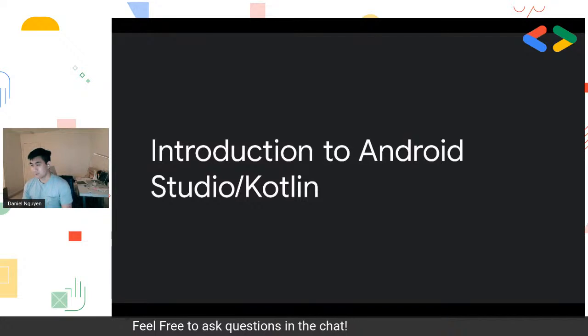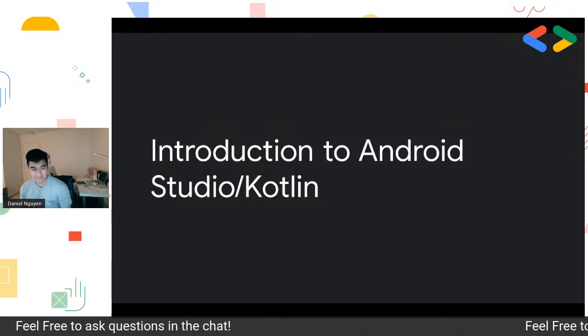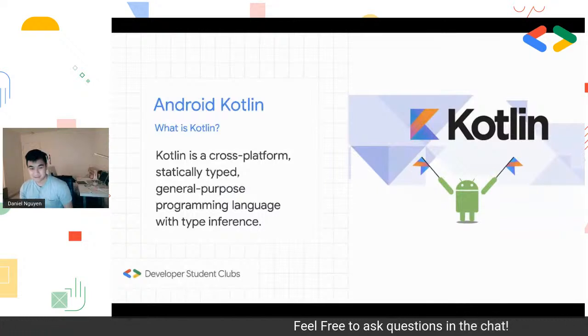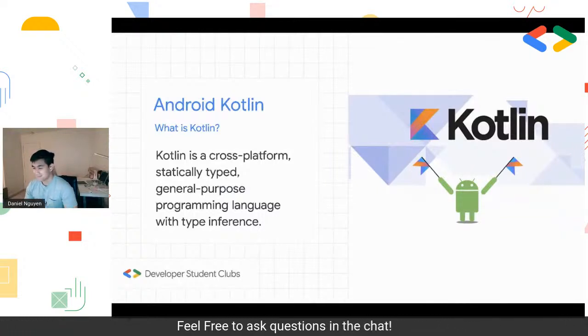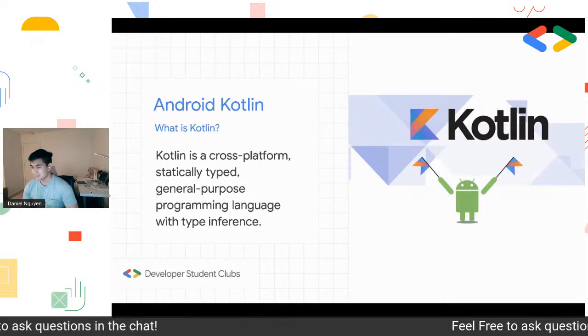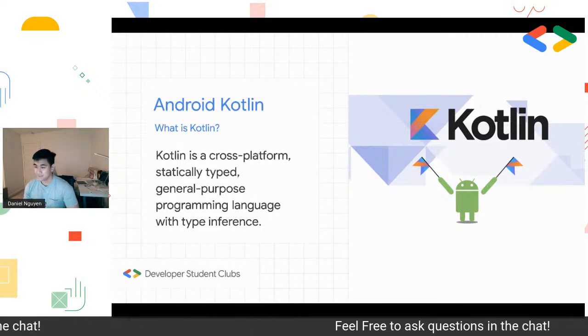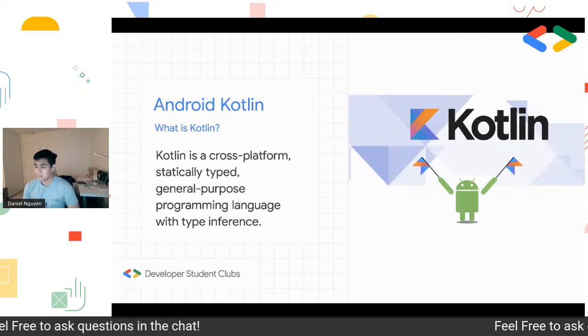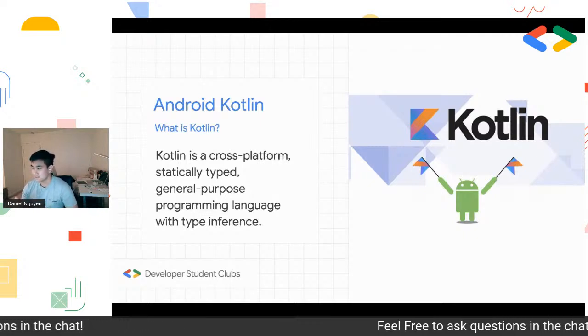Hi, welcome to Android Studio in Kotlin. To start off, Kotlin is a cross-platform, statically typed, general-purpose programming language with type inference. What that basically means is that Kotlin can be used easily and is easy to implement with your Android apps.